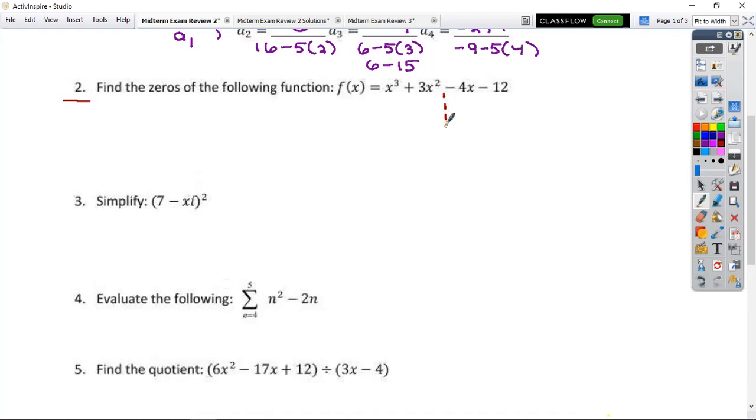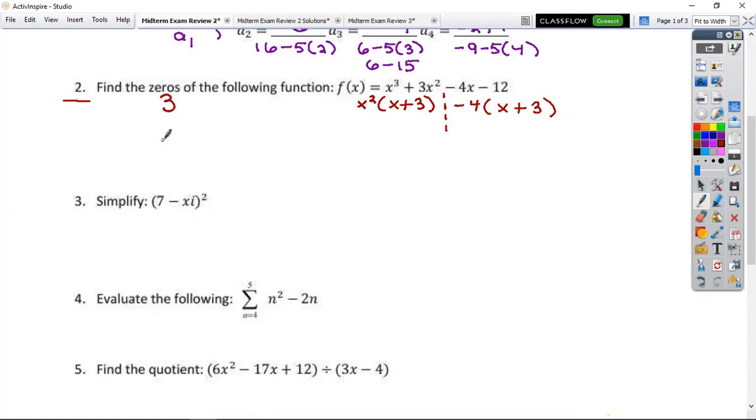Yep, split it, and I do my grouping. So on the left-hand side, I'm going to take out a GCF of x squared. And this leaves me with x plus 3. Other side, I take out the negative 4, and then I have x plus 3. This polynomial is a degree 3, which means how many zeros are we going to have? 3.